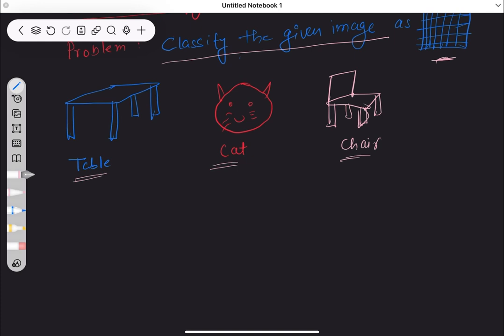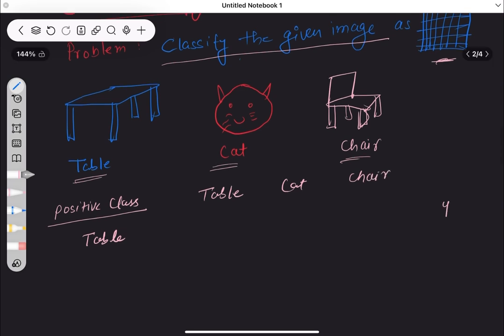So for a positive class, for a table, that means the given image is actually the image of a table. So in one hot encoding, the value of this true label y would be 1, 0 and 0.